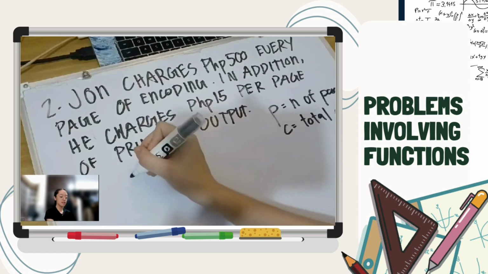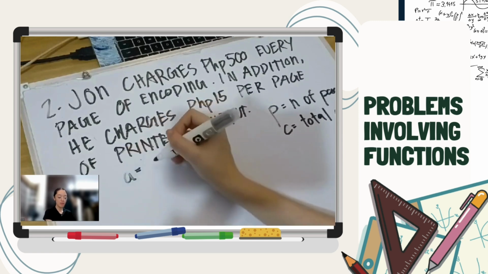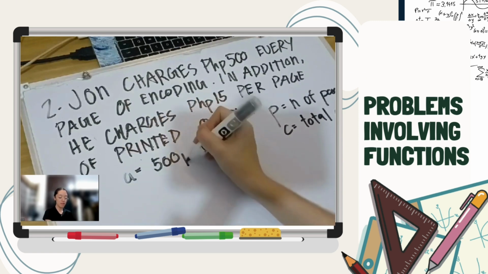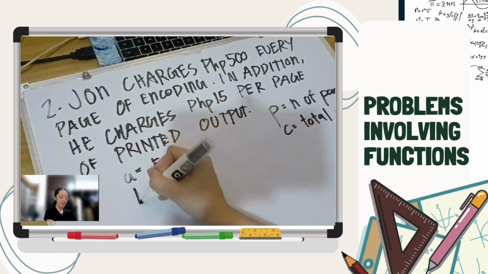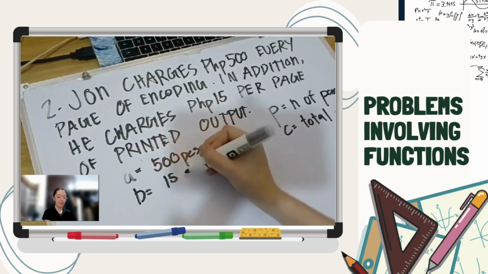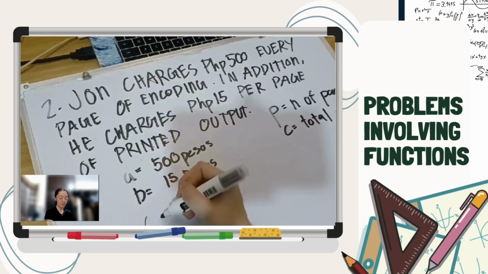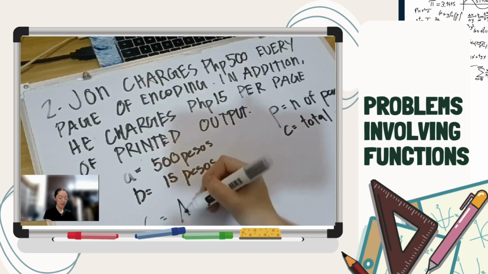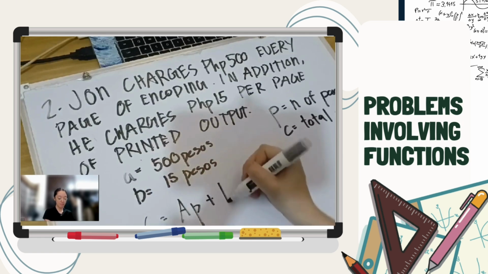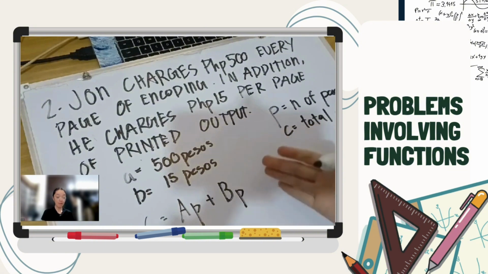So let's say letter A equals 500 pesos and B equals 15 pesos. The functional equation will be C equals AP plus BP. So that will be our function equation for category A. We will add AP and BP since this is the total charge that John should pay.